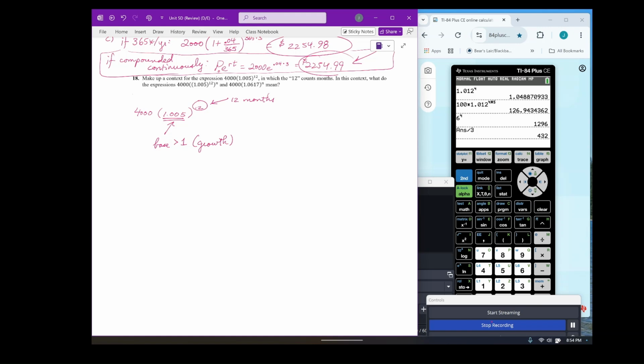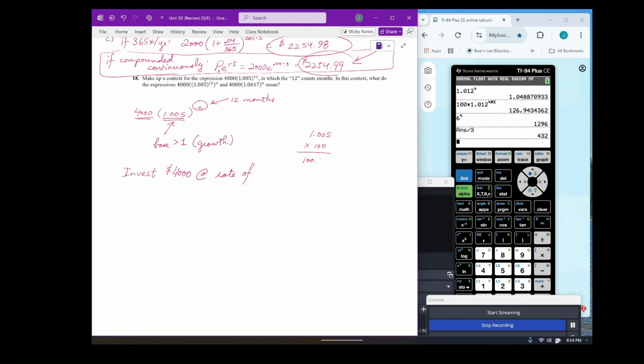We're compounding 12 times. So we could think of it as like you invest $4,000, because this is the initial amount, at a rate of, and now it's not 100.5%. Remember, to turn that into a percentage, you would multiply by 100.